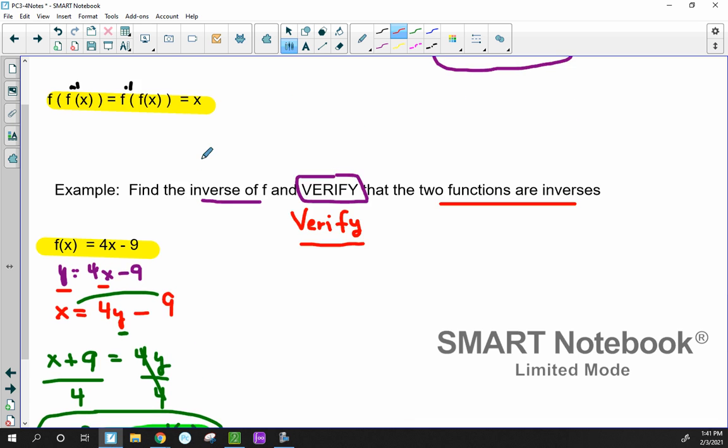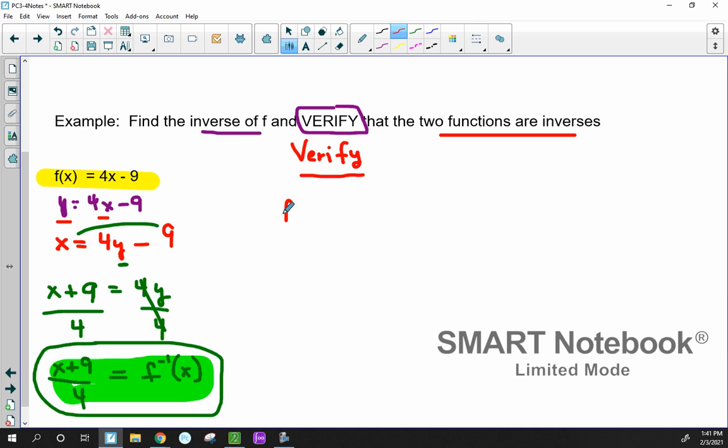We're going to start with the original function, f of the inverse. We're going to compose those functions and see what answer we get.